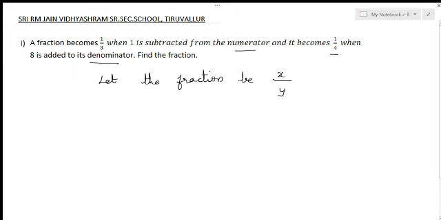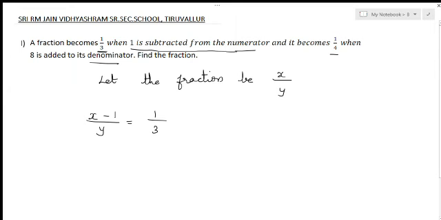So here x is your numerator and y is your denominator. You can see the first condition, a fraction becomes 1 by 3 when 1 is subtracted from the numerator. Here what is our numerator? X minus 1 by y equal to 1 by 3. This is our first condition.